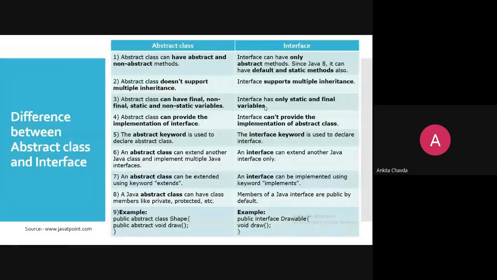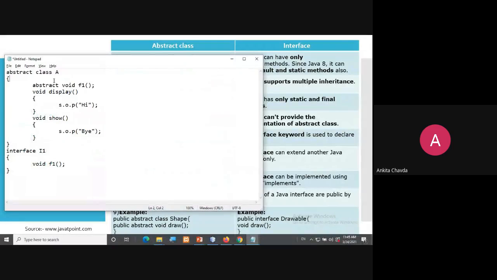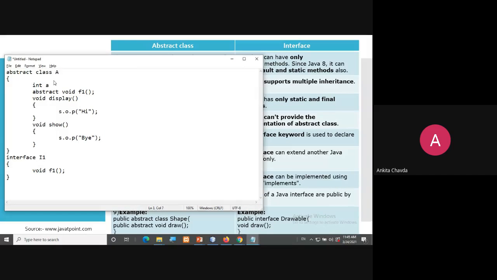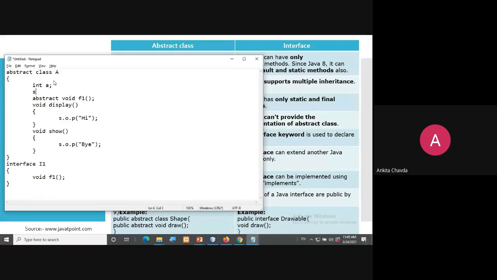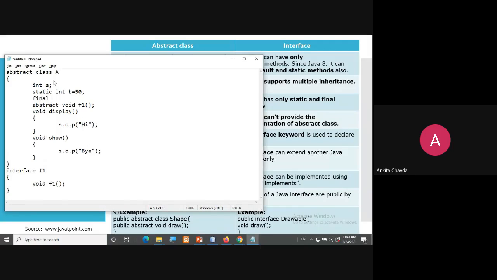In abstract class, you can even have a normal variable like int a, or a static int b equals 50, or a final variable, final float pi equals 3.14. But in interface, whatever you write would be final by default, or static if you specify it.